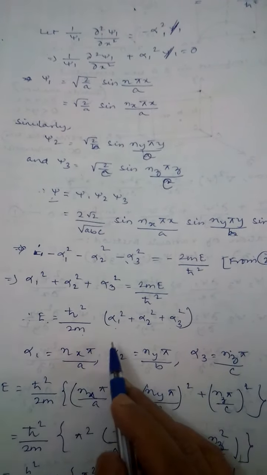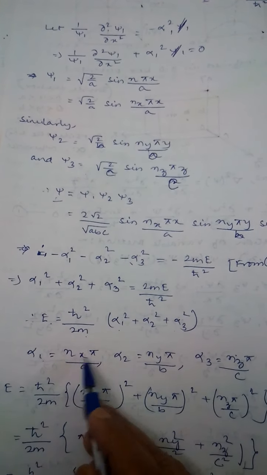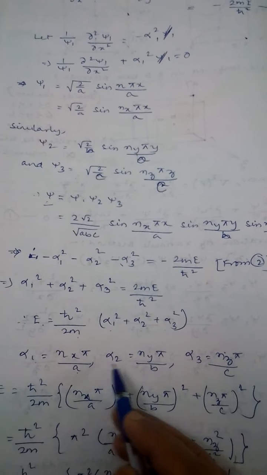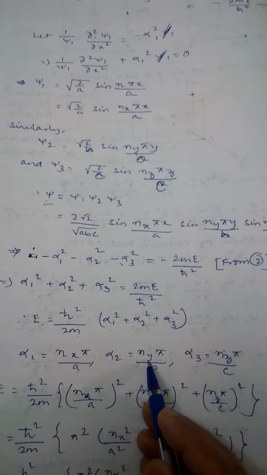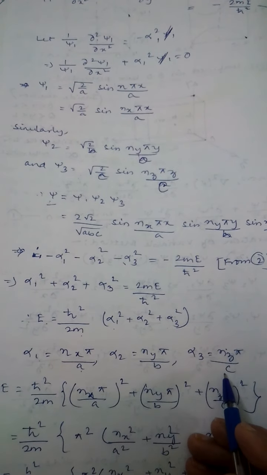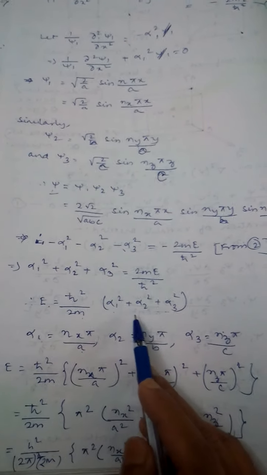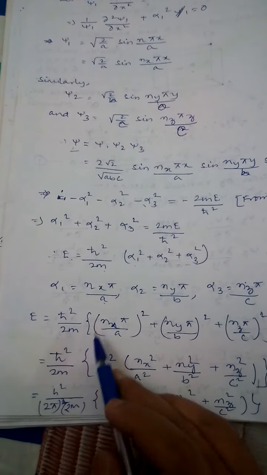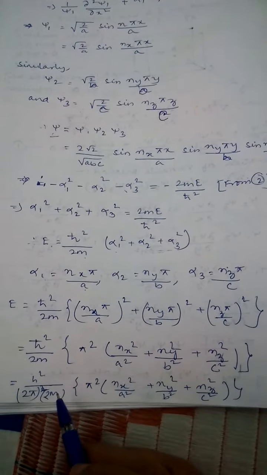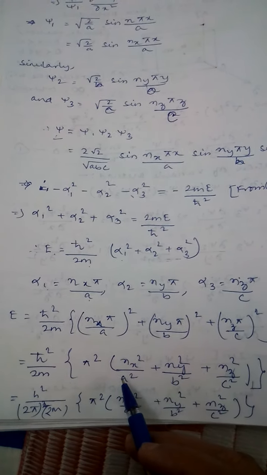Alpha means n pi by a. So here for alpha 1, it should be nx pi by a. For alpha 2, it should be ny pi by b, and alpha 3 nz pi by c. So putting the values of alpha 1, alpha 2, alpha 3 over here, we may write E equals, after simplification, simple calculation over here.